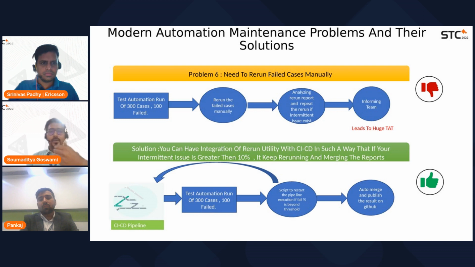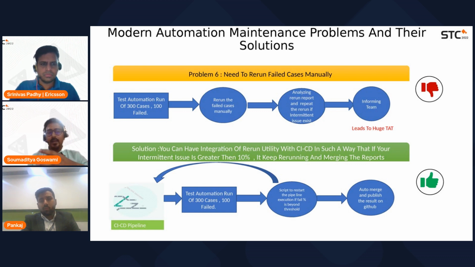In the development environment, a lot of developers are doing their scripting, so the failure percentage will maybe be high. So I can mention a threshold value, maybe 40% can be bearable in the dev environment. But in the UAT environment, if the threshold value is 20% and the failure is actually more than 20%, then it will automatically rerun your failed scripts.